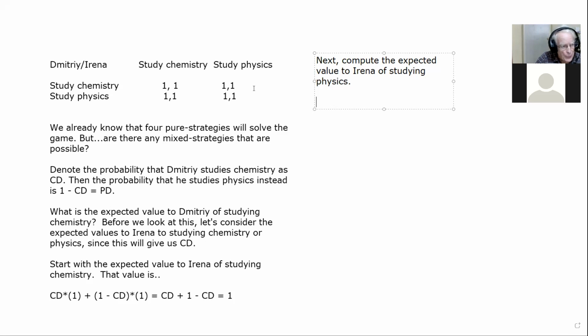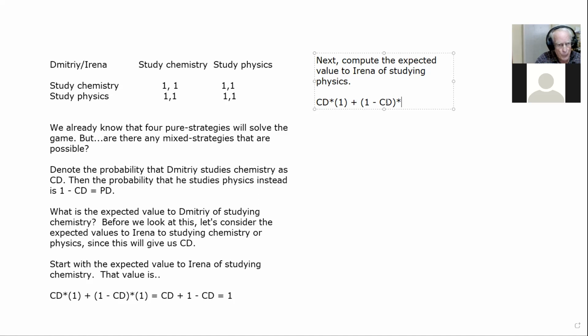One possibility is that Dimitri is studying chemistry, with the probability of CD, and if so, Urbana will receive 1 point right there. Or Dimitri is studying physics instead, with the probability of 1 minus CD.